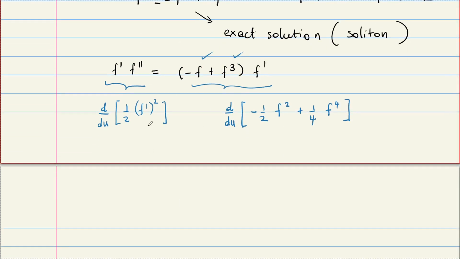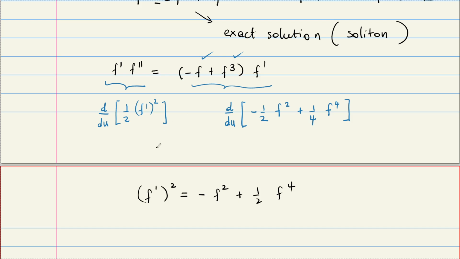I can integrate both sides, and I found, let me cancel this 1/2, f prime squared is equal to minus f squared plus a half f to the fourth. Good.